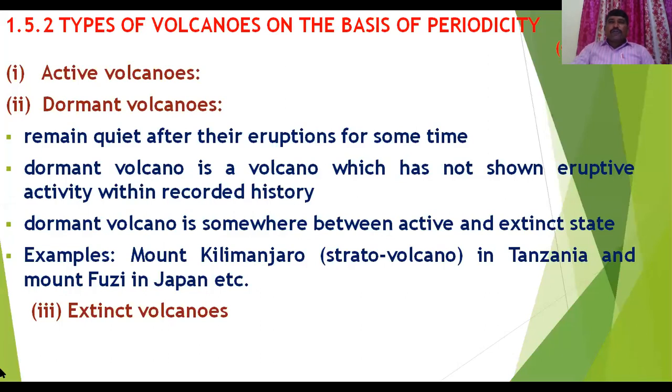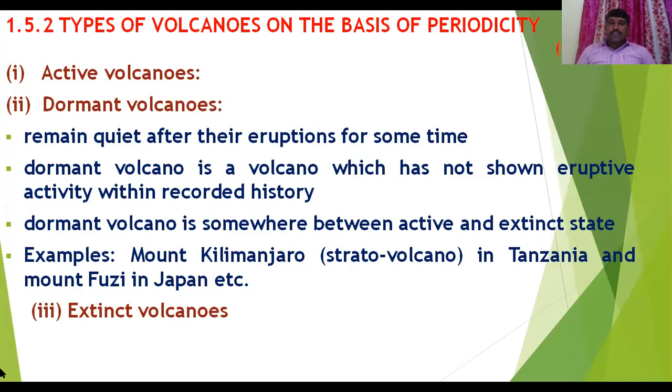The volcanoes which remain quiet after their eruption for some time, or which do not show any sign of volcanic activity for a long time, but there is a possibility of eruption in future, such type of volcanoes are known as the dormant volcanoes. It means the volcanoes are in a state of inactivity.